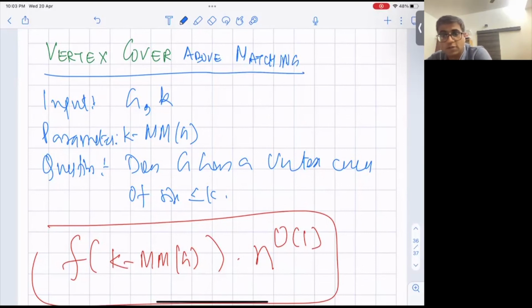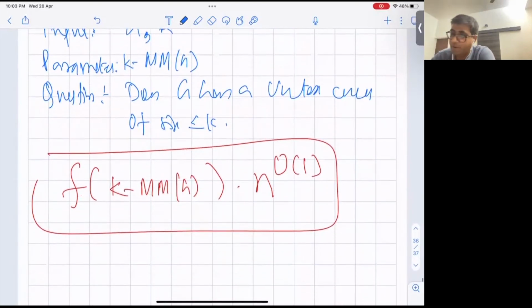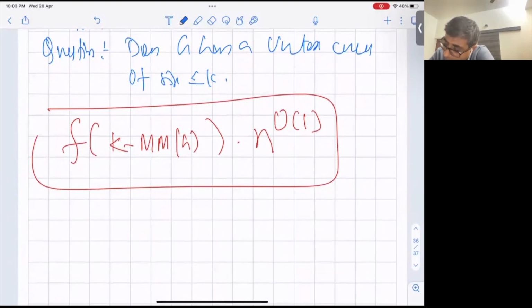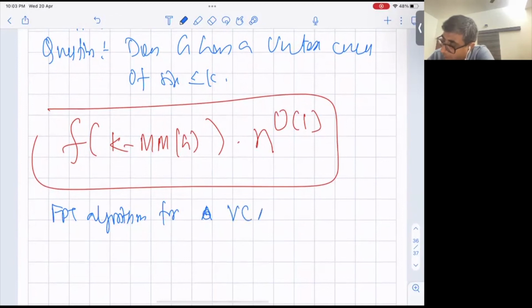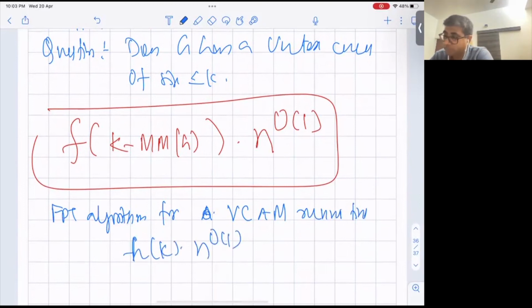Suppose we had an FPT algorithm for the vertex cover above matching question, running in time h of k times n to the power big O of 1.